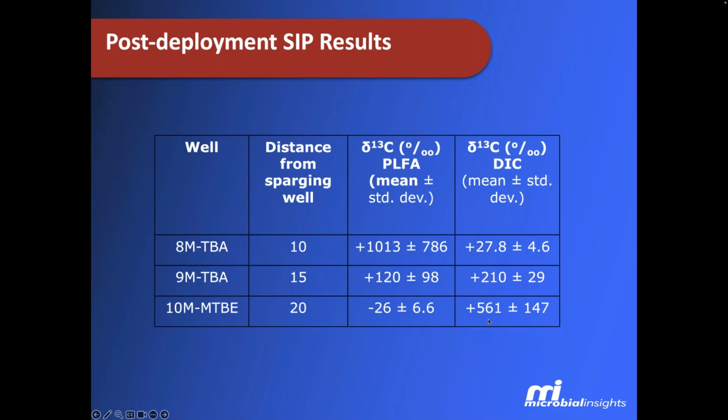The reason for that is because the oxygen levels are getting low enough now that the microorganisms cannot be growing as rapidly as they were 10 feet from the air sparging well. So basically they're maintaining, they're staying alive. So a lot of that C13 is going into CO2 and lesser amounts are going into phospholipids.